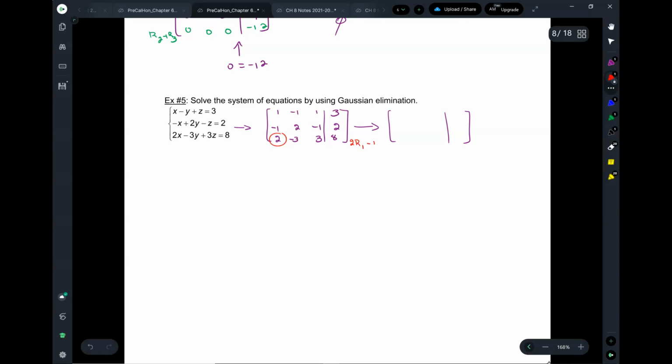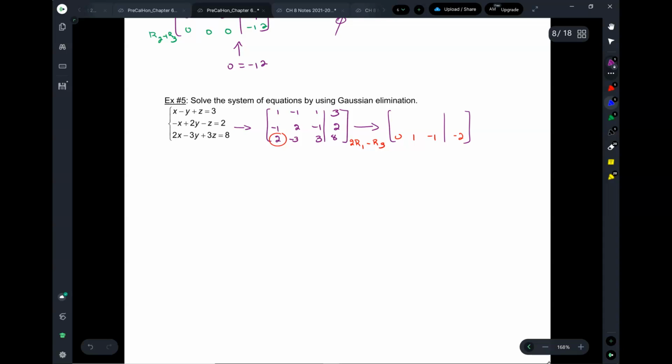Okay, so 2 minus 2 is 0. -2 minus -3 is 1. 2 minus 3 is -1. And then -2. Yes? So we're doing 2 row 1 minus row 3.